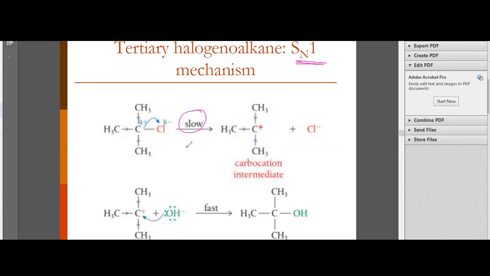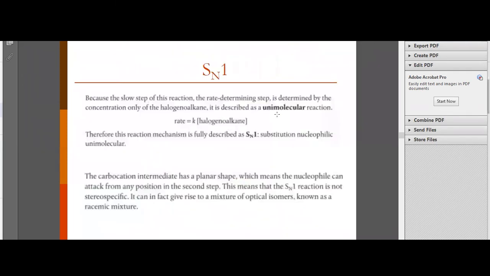You can see that at this rate determining step, OH minus is not present, right? Only the halogenoalkane, RX. So the rate of reaction depends on only one compound, the halogenoalkane concentration. That's why it is called a unimolecular reaction, because only the concentration of halogenoalkane is present in the rate determining step.